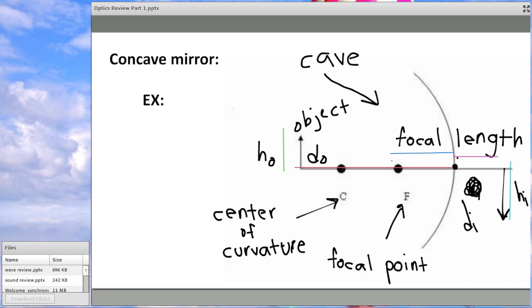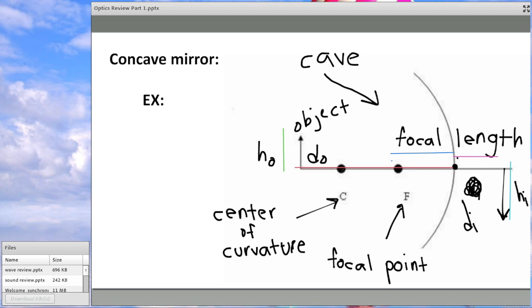Okay. So the distance between F and the center of the mirror, that's your focal length. The distance between your object and the center of the mirror is your object distance. The height of your object is your object height.